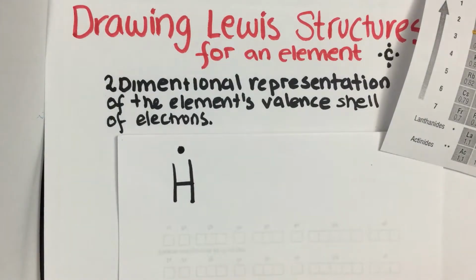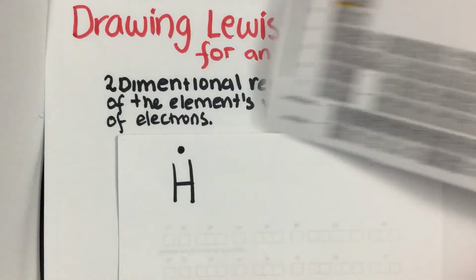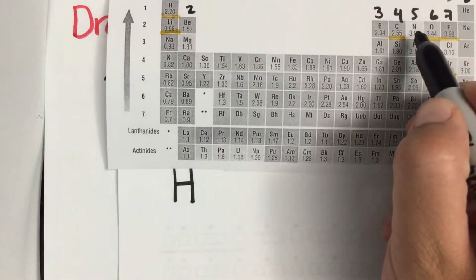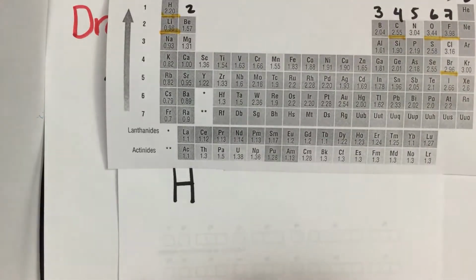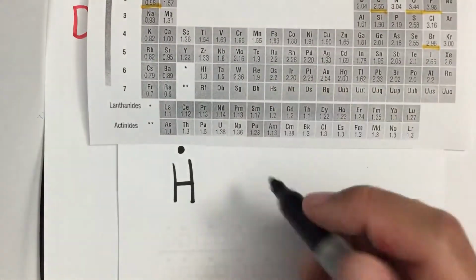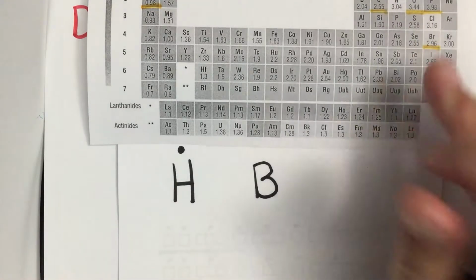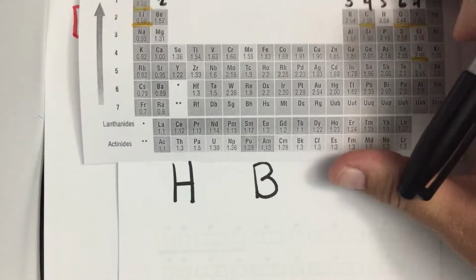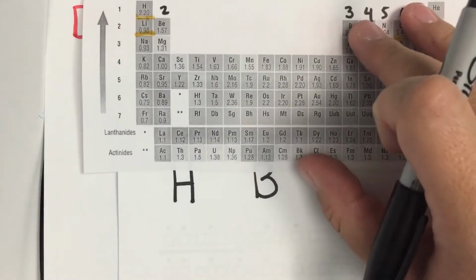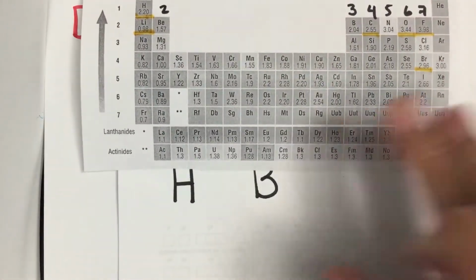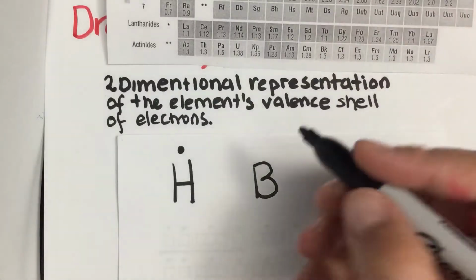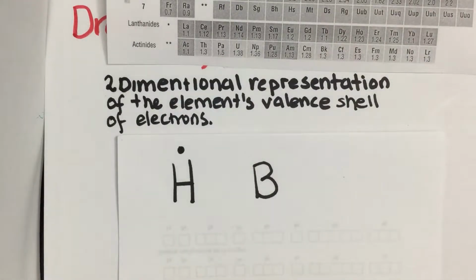So let's try it now for boron. Boron is in group 3, so it has 3 valence electrons. How are we going to do this?